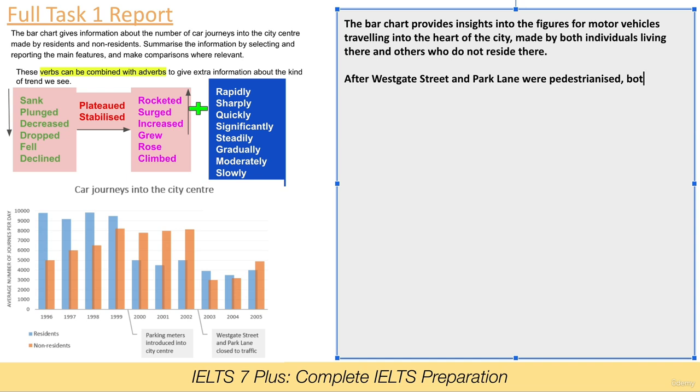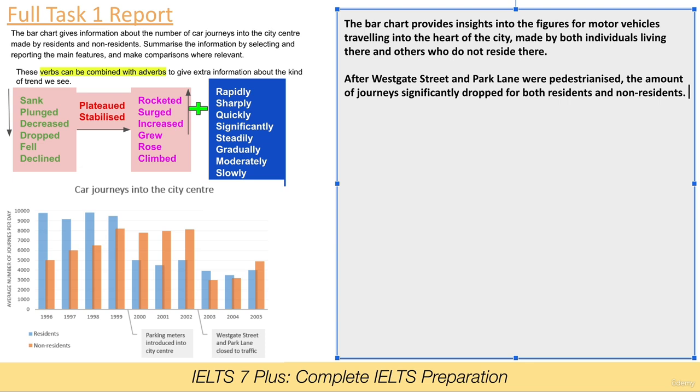Both, or the amount of journeys significantly dropped for both residents. It's okay to say the words here and there as long as we're not repeating ourselves too much. And non-residents.